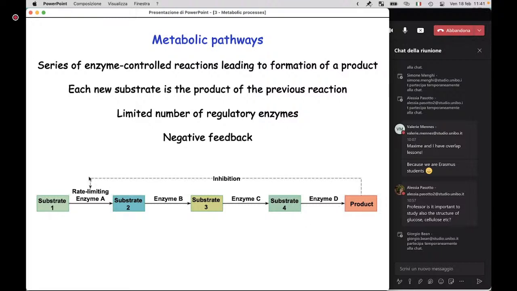It can involve a lot of enzymes and intermediate compounds to produce the final one, but it can be controlled by just one step, which is the first enzyme of the chain, of course. So the control is relatively simple in comparison to the complication of the metabolic pathway.